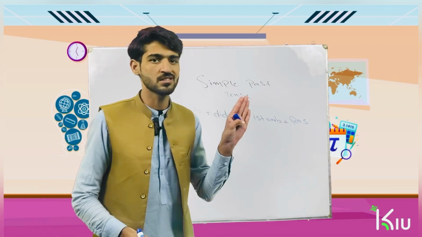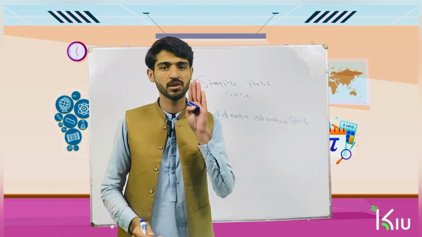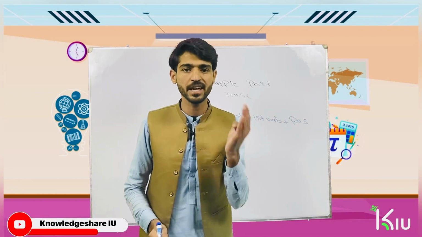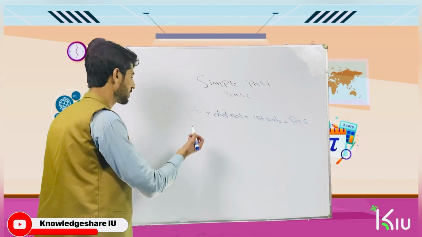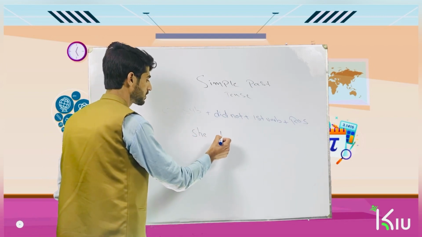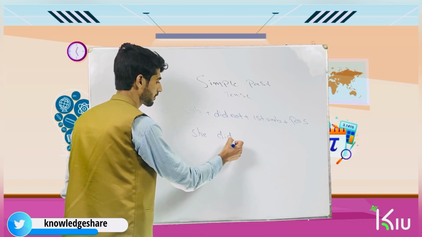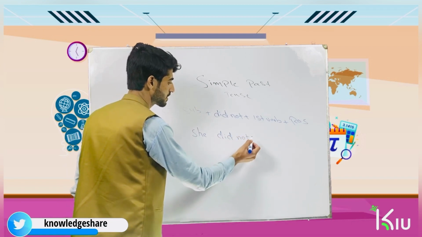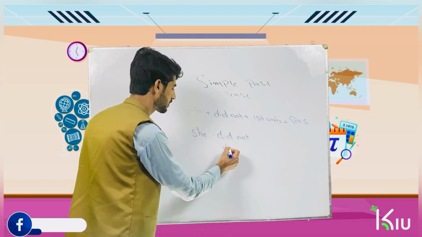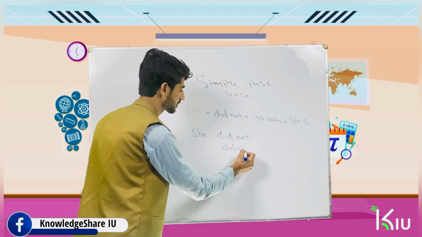If the subject is singular or plural, with both subjects we will put did not if we are making it negative. Let's see, for example, she did not. You can say the contraction form of did not is didn't.